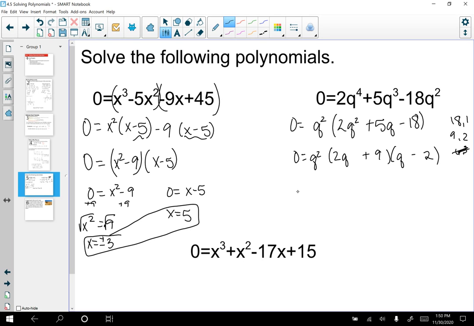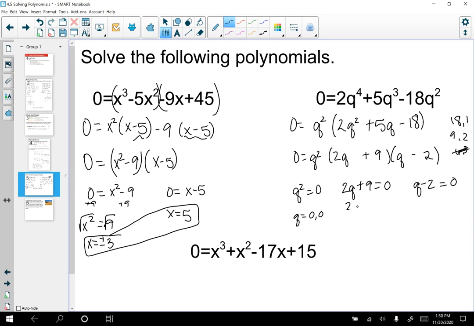Okay, now I have it factored, so I need to go ahead and set all of my terms equal to 0. So I have q squared equals 0. I have 2q plus 9 equals 0. I have q minus 2 equals 0. Here I get q equals 0, and that's repeated twice because that's squared.